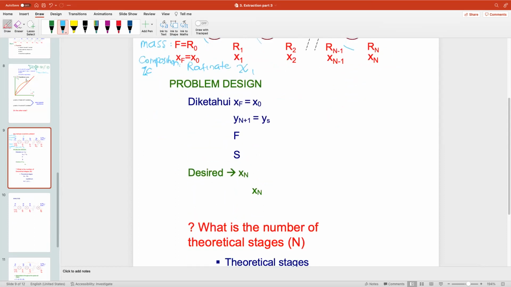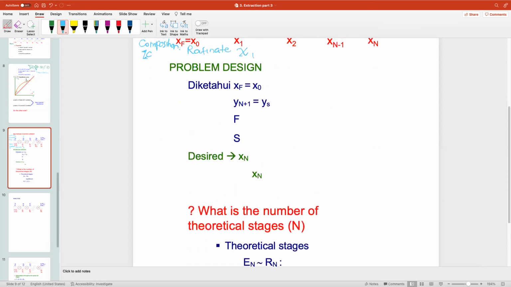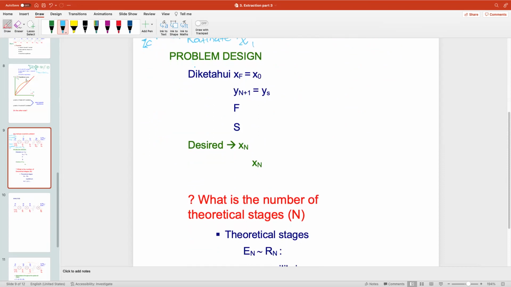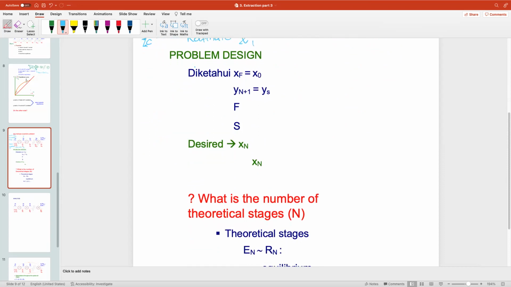Okay, so let's see. This is the design problem. For example, we know the concentration of the feed. We want to know the extract or the Y of the solvent, and then we know the feed.